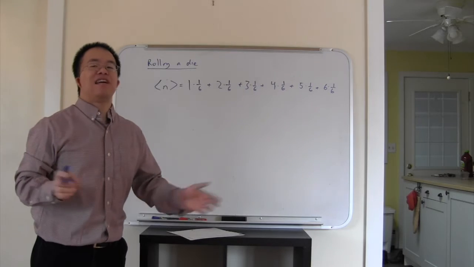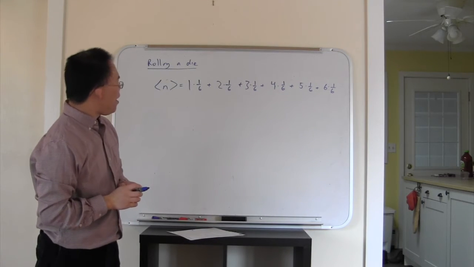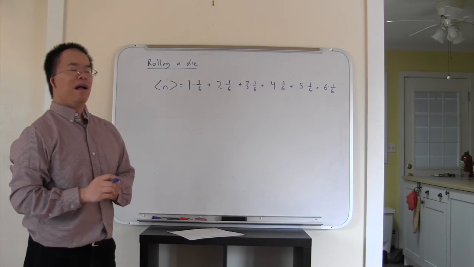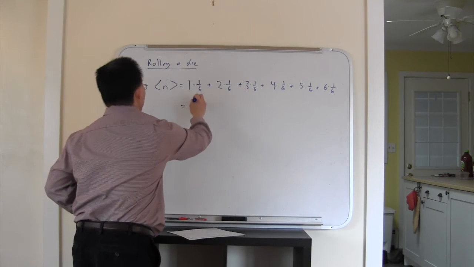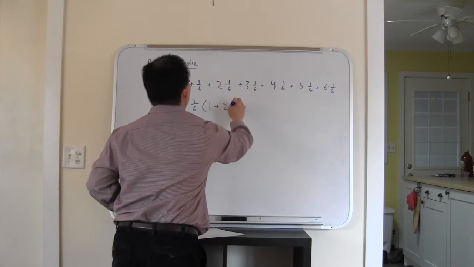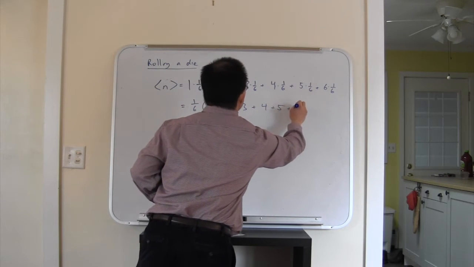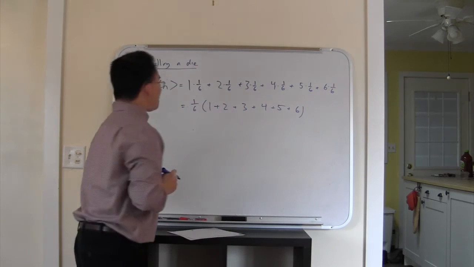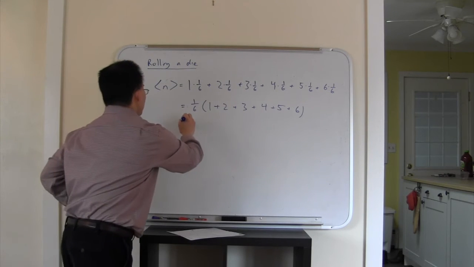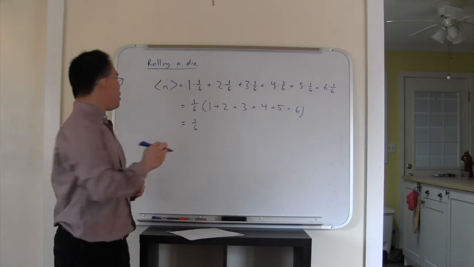We have, in this case, the same probability for all the values because we're assuming a fair die here. If I factor out 1/6, we have 1/6 times (1 plus 2 plus 3 plus 4 plus 5 plus 6). And if I do the arithmetic here, this is 1/6 times 21.